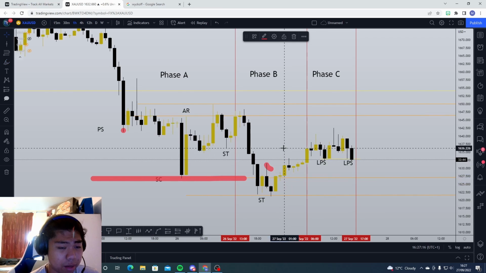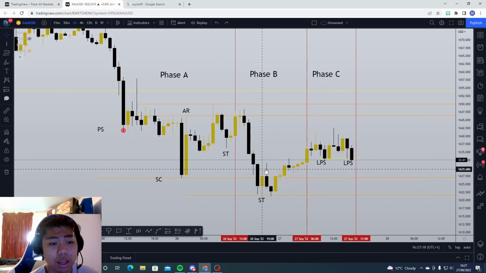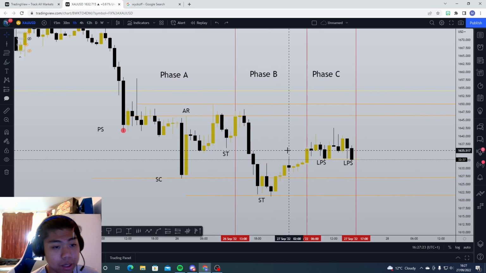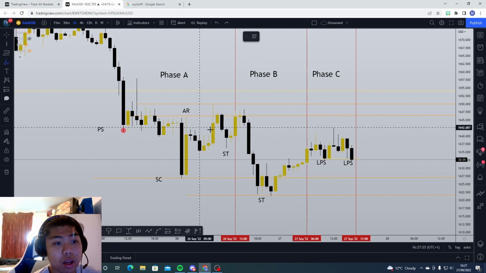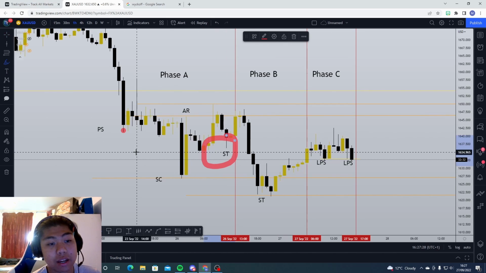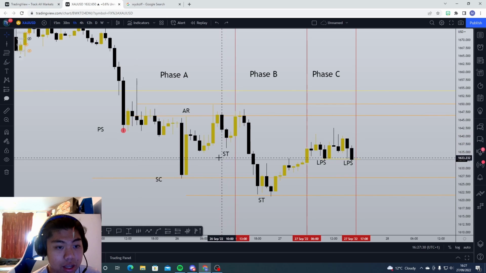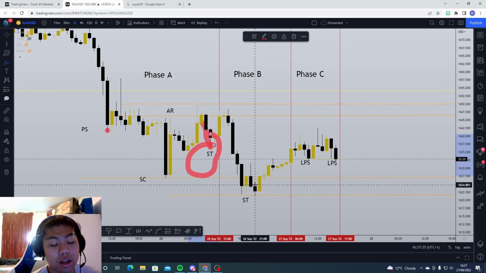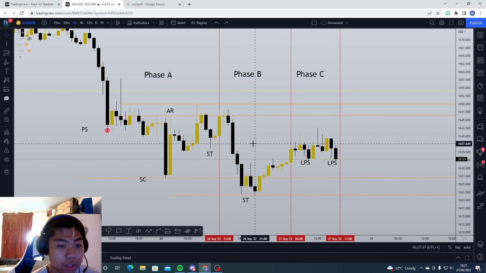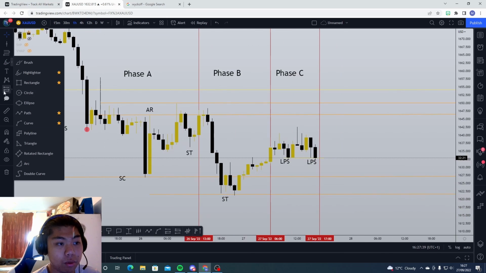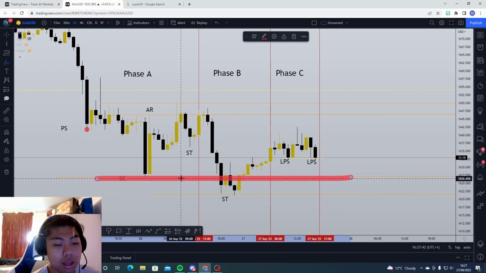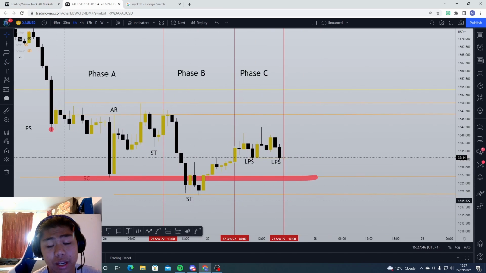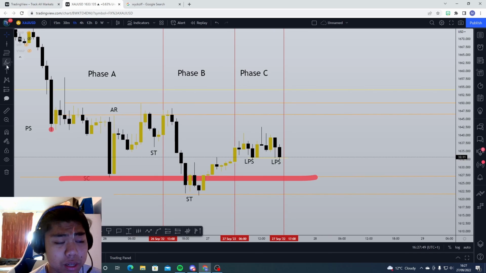Loads of breakout retail traders will be looking to sell, and it catches them off guard, which happens in phase B. We also have the secondary tests of these lows, where the market catches traders off guard.